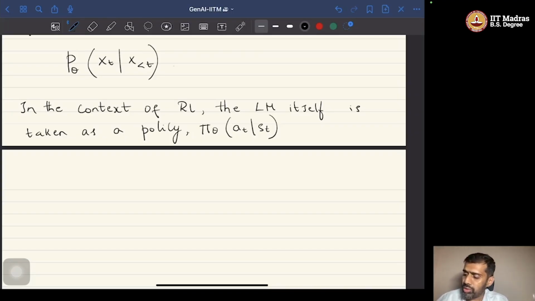Okay, so now to apply the policy gradient optimization, what we need is a trajectory. To apply RL, we need a trajectory. So how do we define a trajectory in a language model?